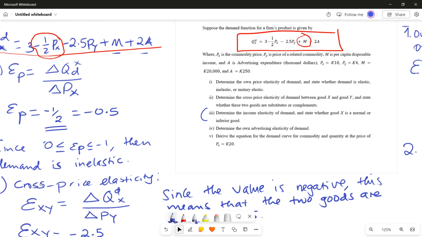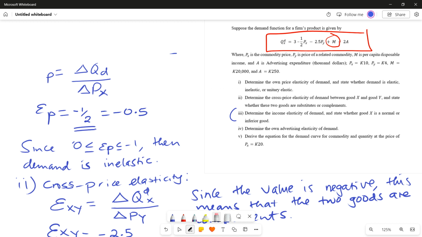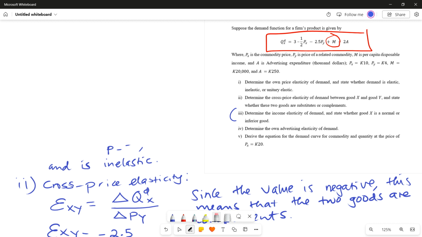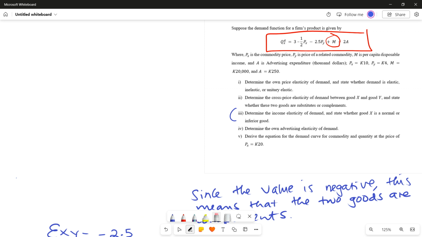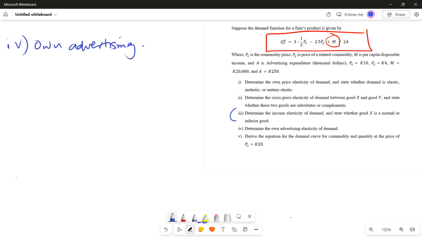Right, so can we determine the own advertising elasticity of demand? So part 4, on advertising elasticity.